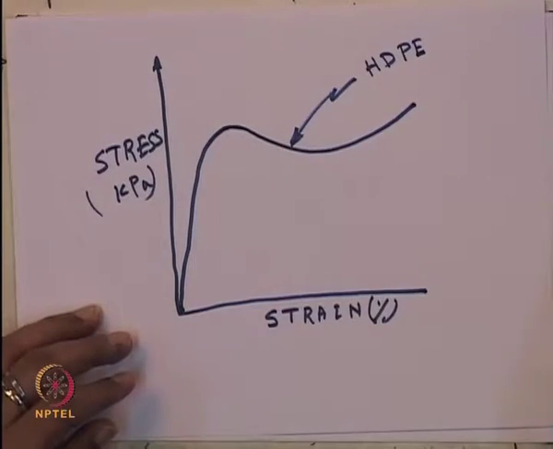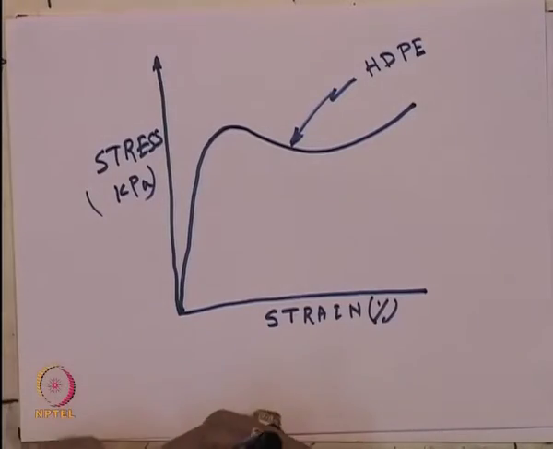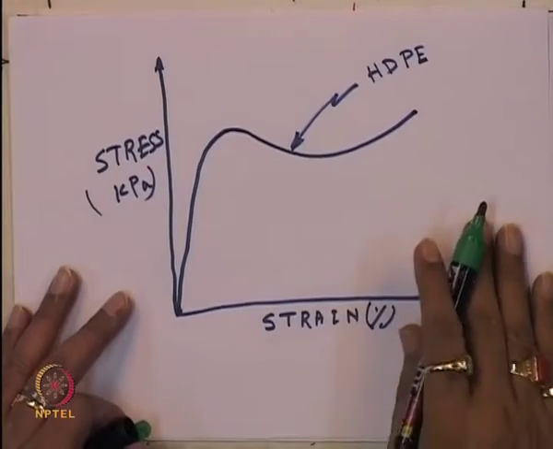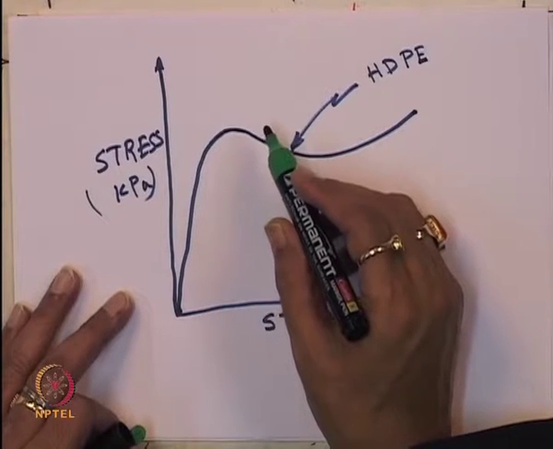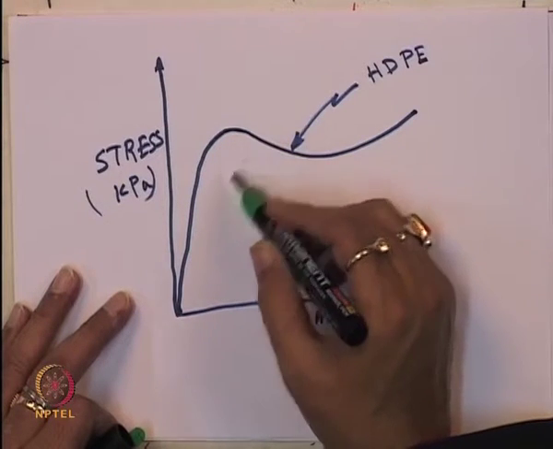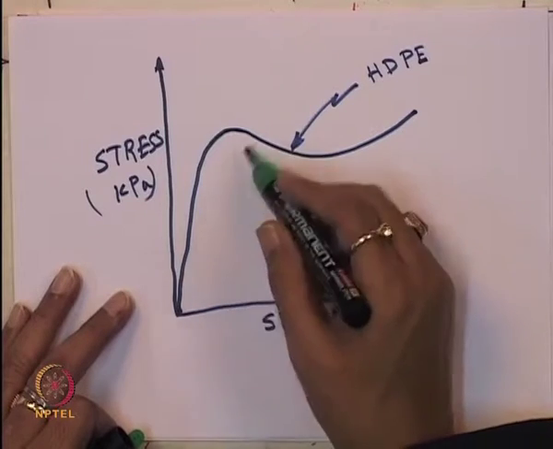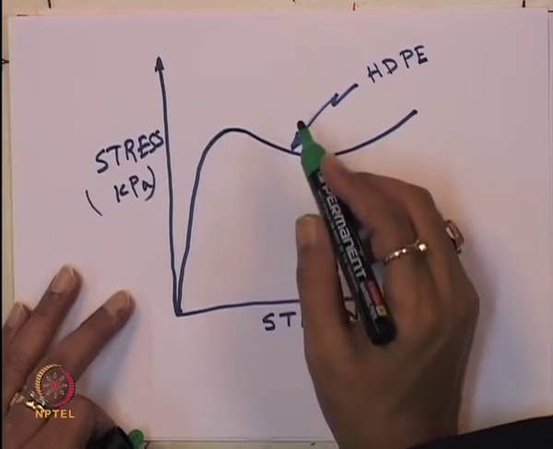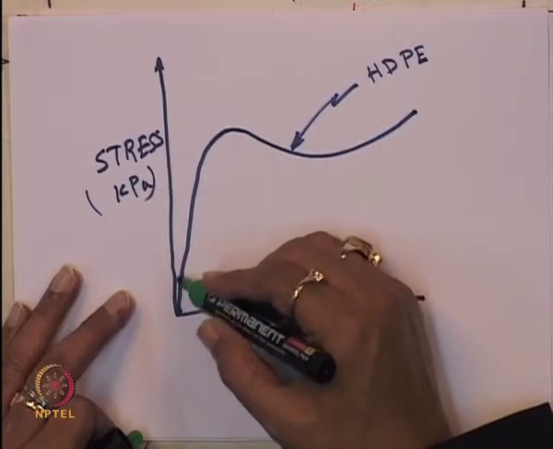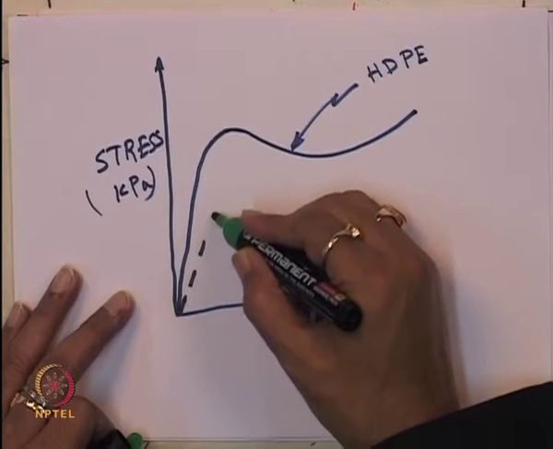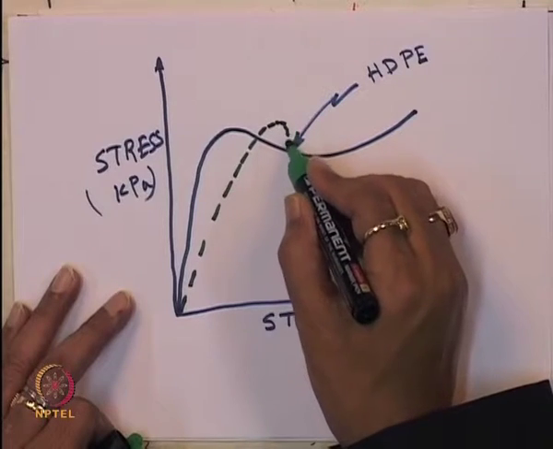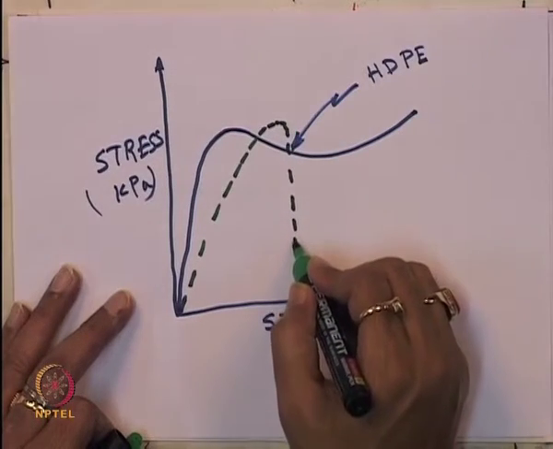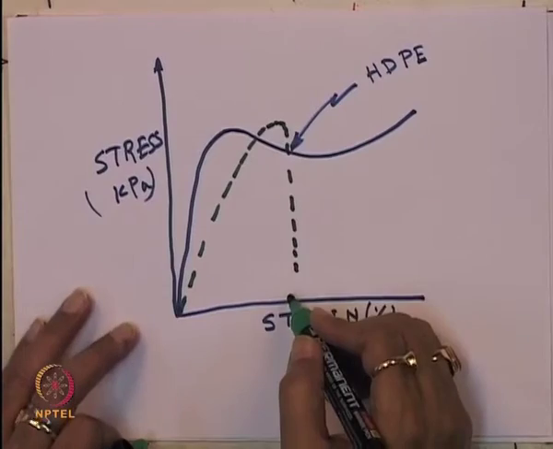But if we perform the tensile test and obtain the tensile stress versus strain response curve for the PVC, you can see that this curve goes like this and then it suddenly drops like this.